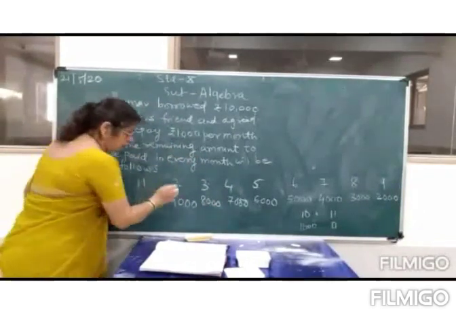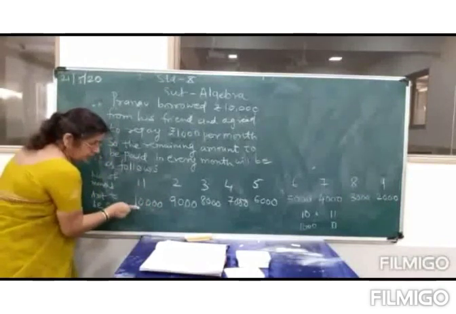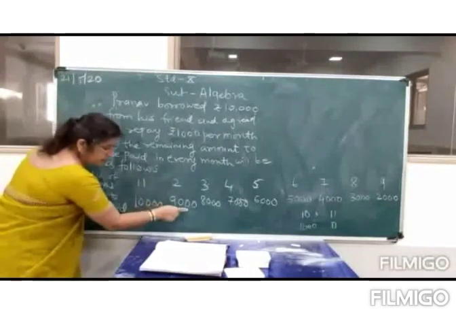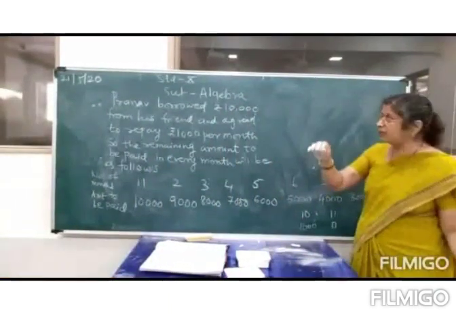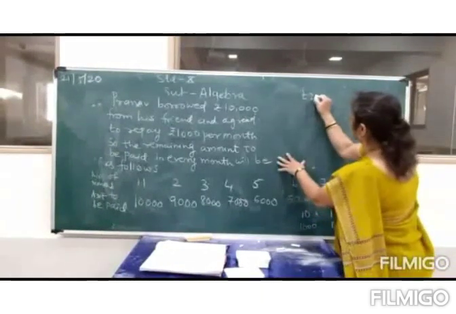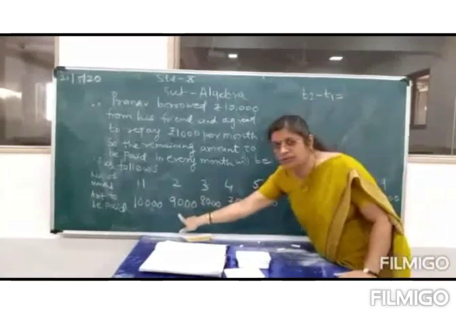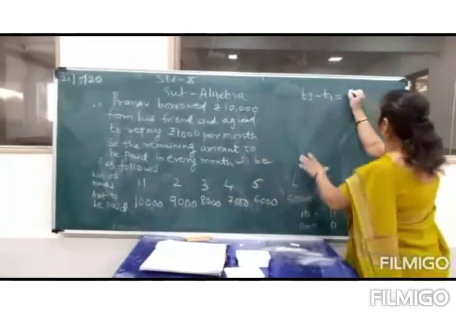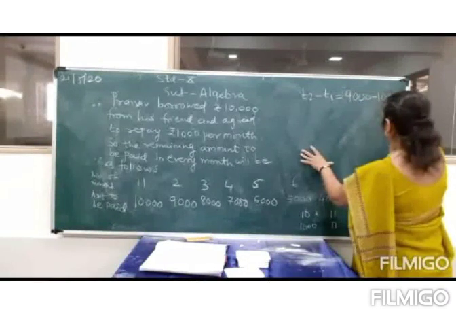So how to find out or how to check it? Now see, this is the first term 10,000. Second term is 9,000. Third term is 8,000. Now what our rule says, as it is in arithmetic progression, T2 minus T1 we need to find out. Now what is the second term here? 9,000. So 9,000 I will write minus 10,000.